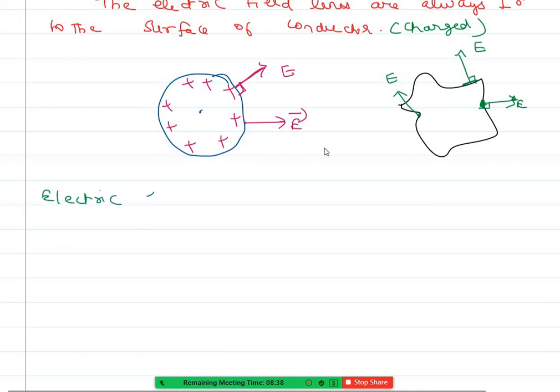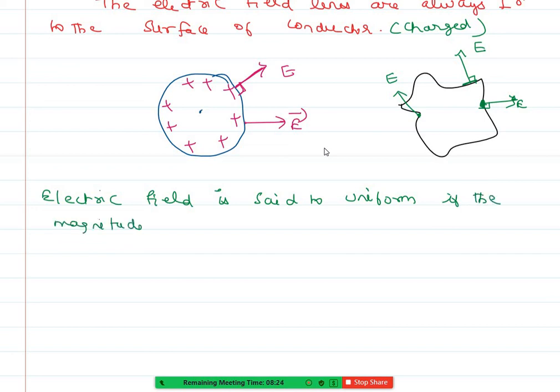Okay. So, uniform electric field. An electric field is said to be uniform when the magnitude and direction of the field intensity remain the same at every point. So how will you represent a uniform electric field?